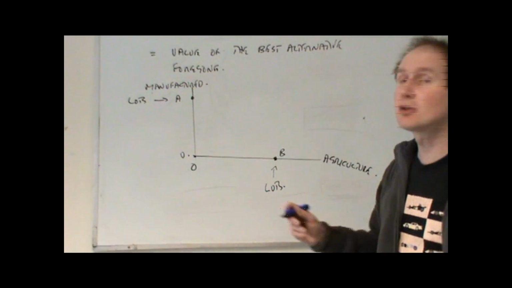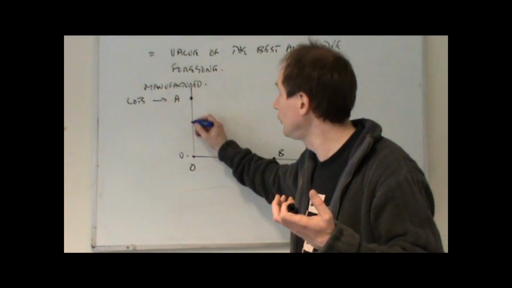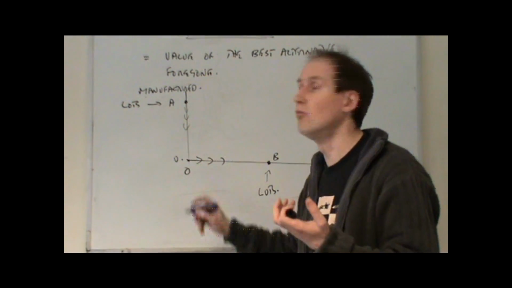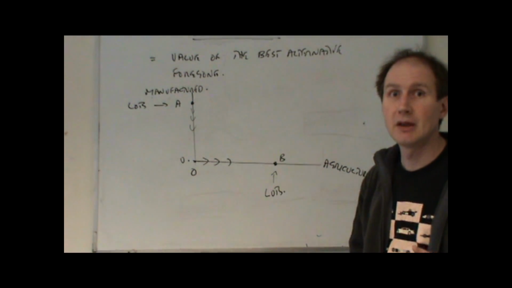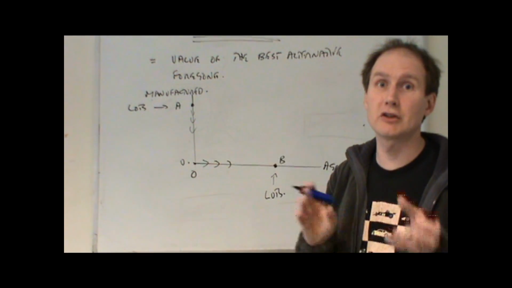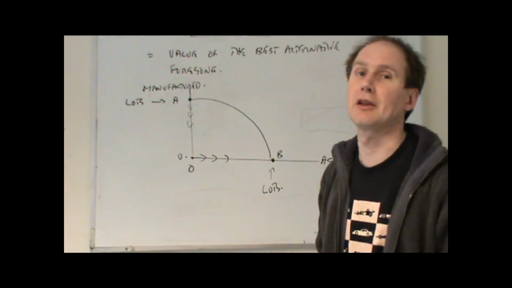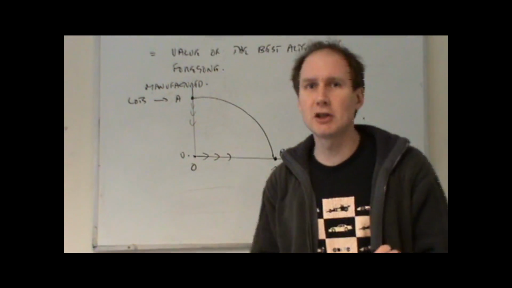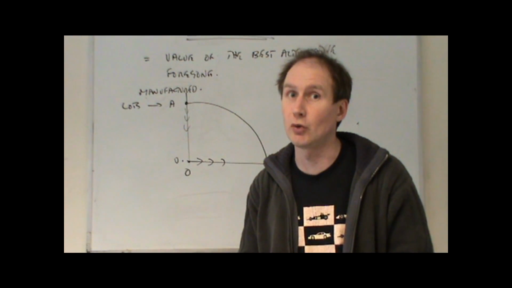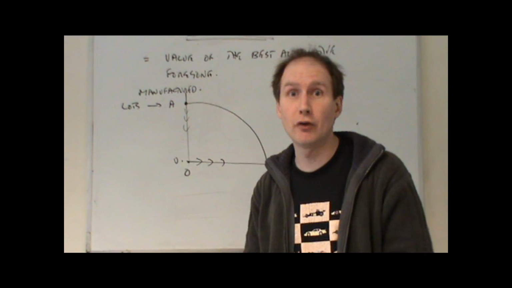And as we take resources away from manufactured goods, as we produce fewer manufactured goods, we can have, of course, more agricultural goods. And we end up with a trade-off, meaning as one goes up, the other goes down. We'll end up with a trade-off that looks something like that. Now, production possibility frontiers aren't generally drawn as straight lines, and we'll come to that shortly. For the minute, let's examine what this curve can represent.